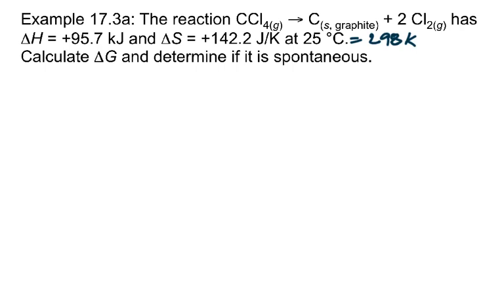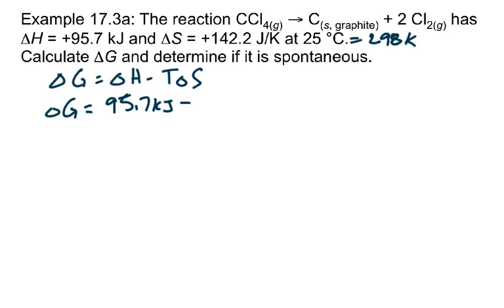Our central equation, delta G equals delta H minus T delta S. So we're looking for our delta G. Our delta H is 95.7 kilojoules, which we're going to leave as kilojoules.